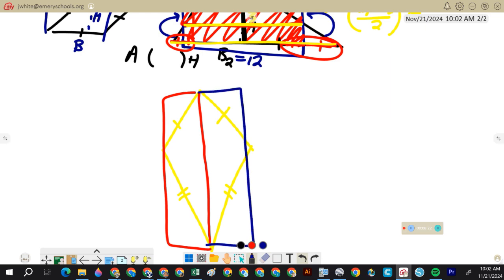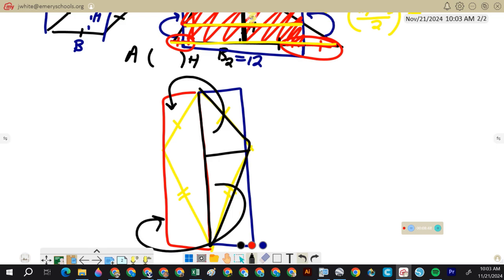And there are a couple different ways to think about this. You could treat this as one big rectangle, find the area, and then divide by 2. Right? That's one way to look at it. The other is, if I cut this triangle into pieces, this triangle could fill that space, and this triangle could fill that space.